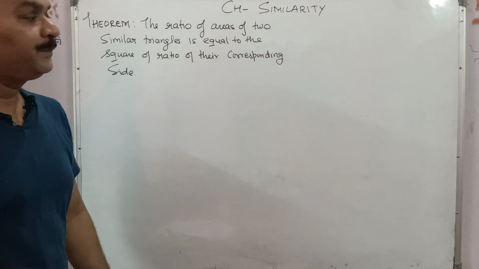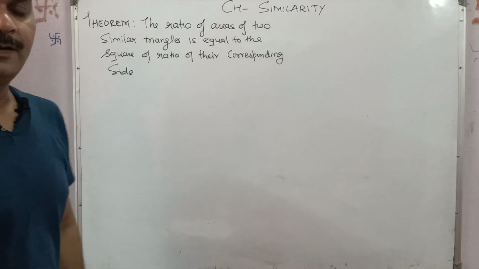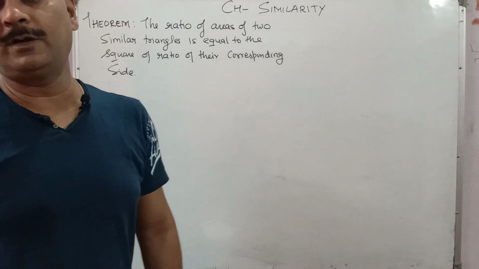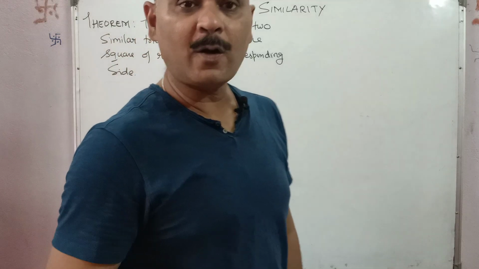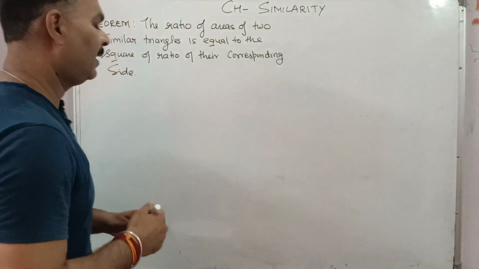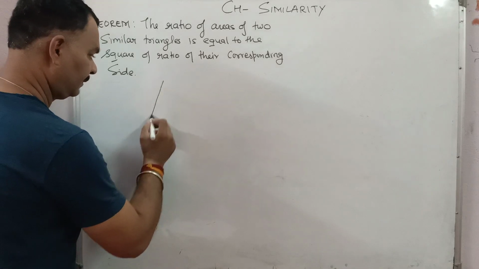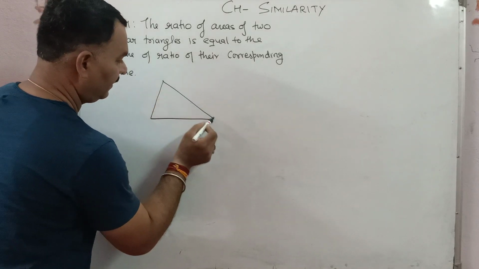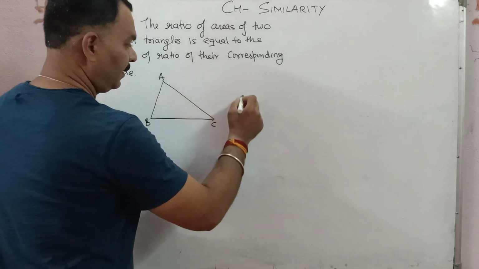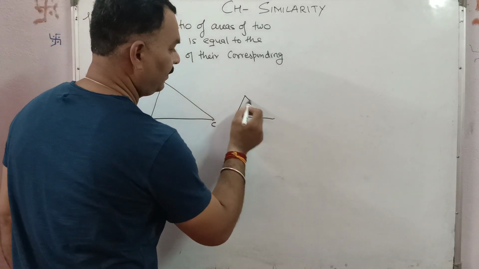What they want to say? If two triangles are similar, then the ratio of their areas is equal to the square of ratio of their corresponding sides. Say for example, I'm just taking, say this is triangle ABC and say this is triangle PQR.